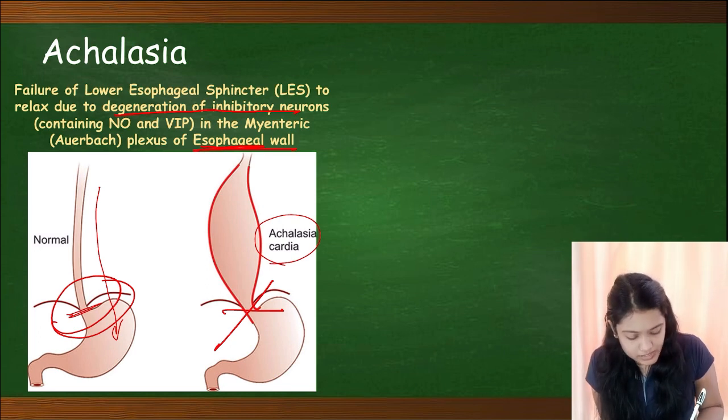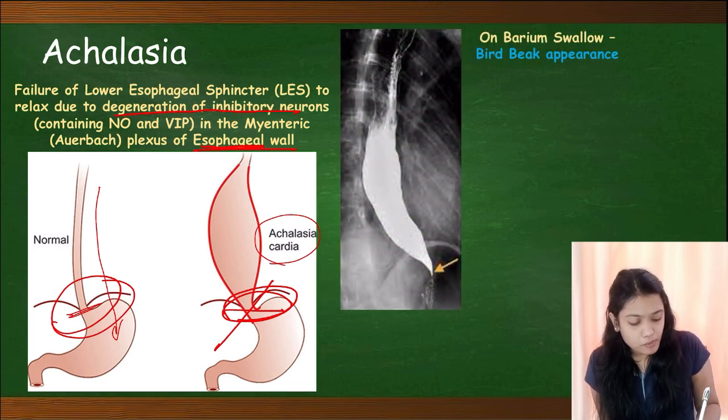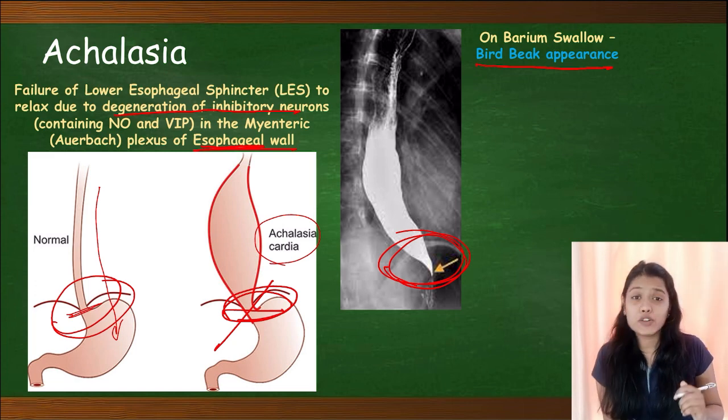Because the lower esophageal sphincter is not able to relax, on barium swallow we can find a bird beak appearance. It looks like a bird beak. And there are two types of achalasia, primary and secondary.